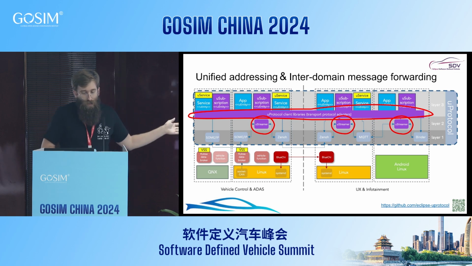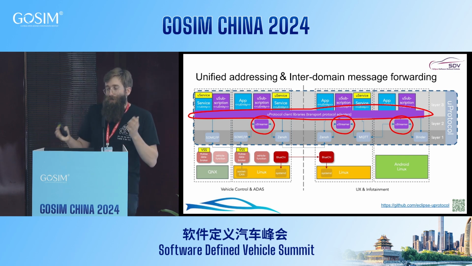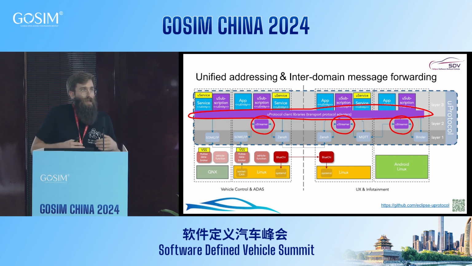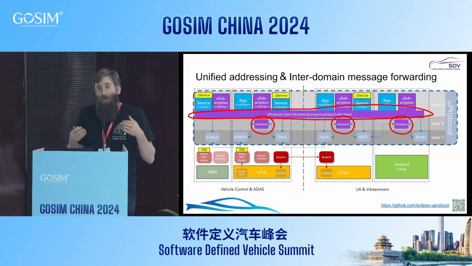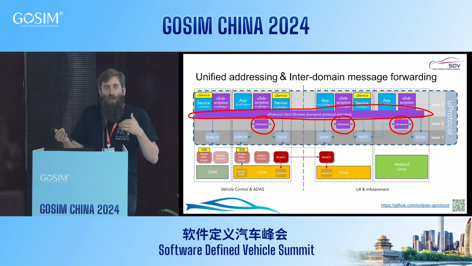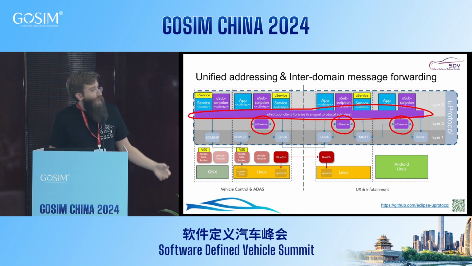In our reference topology that we've implemented, we have Zenoh, MQTT, Binder, and SOME/IP. These are implementations we have done on top of these protocols, which expose what we call our uProtocol layer 1 APIs, which are very simple: send, register listener, and unregister listener. Very simple and easy to understand.